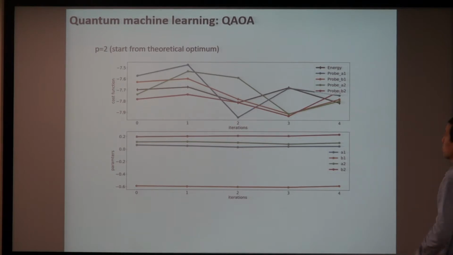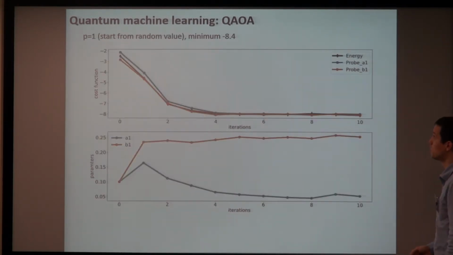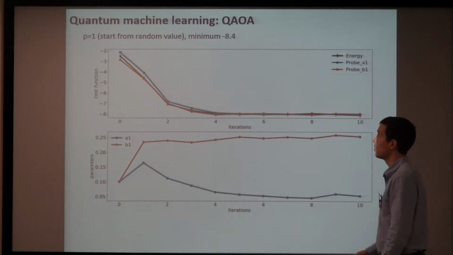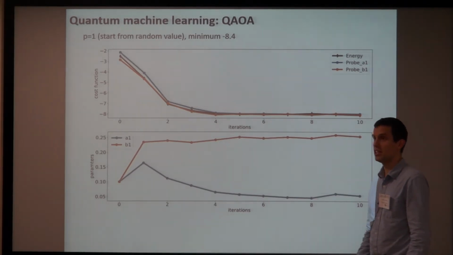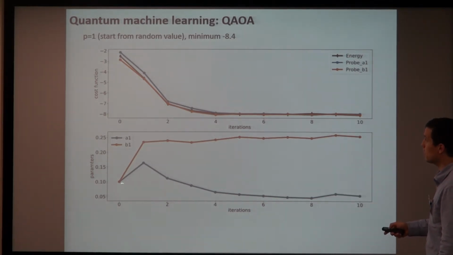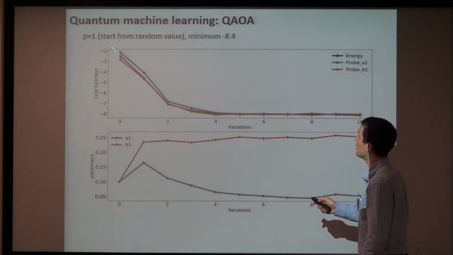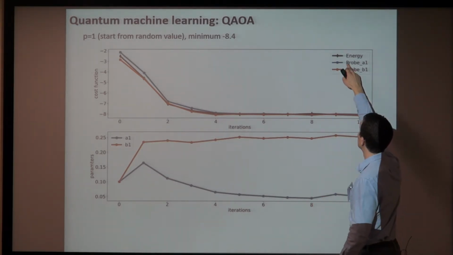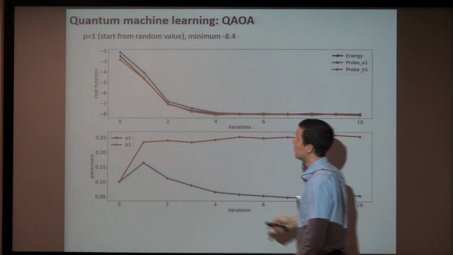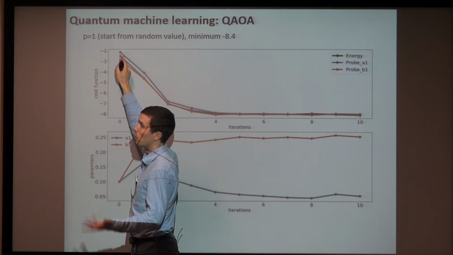So then we thought, maybe we get a better result if we start not with p equals 2, but with p equals 1. Here we were able to start from a random seed and learn these parameters. You can see we started with some value for both parameters, then iterated, evaluating the gradient at every point. The black point is the energy, and these here are probes, which means it's the same circuit except varying one of the parameters in one direction.